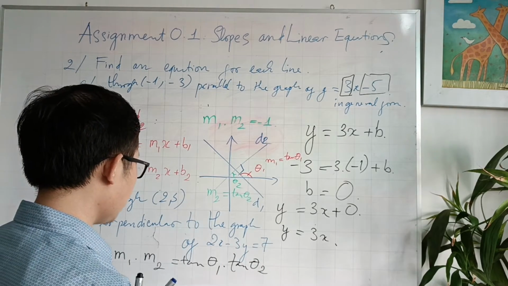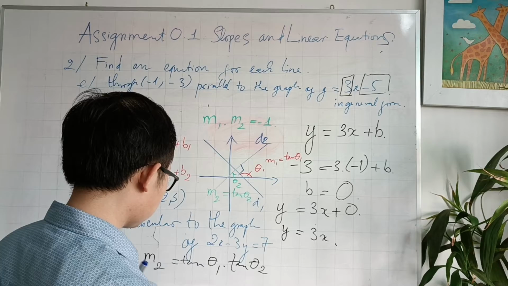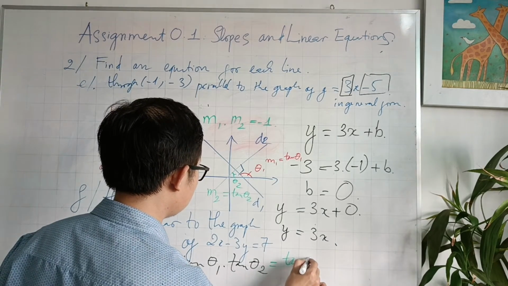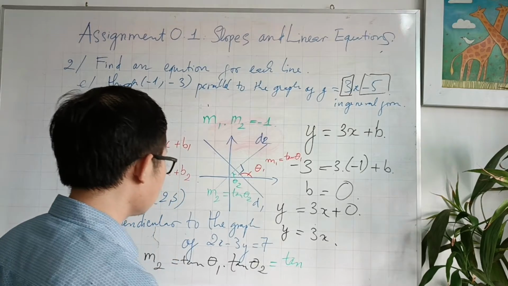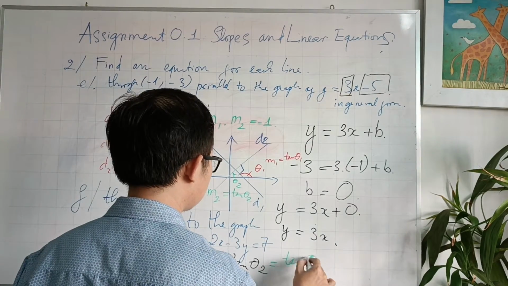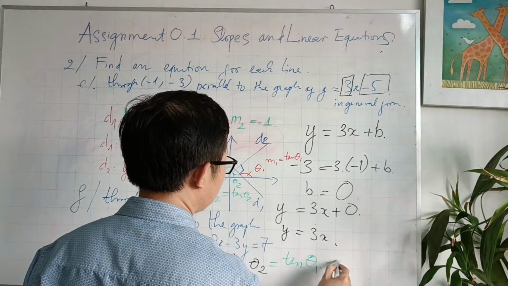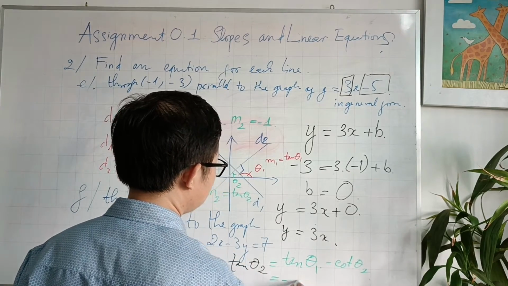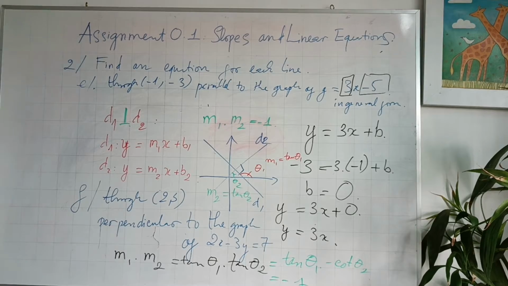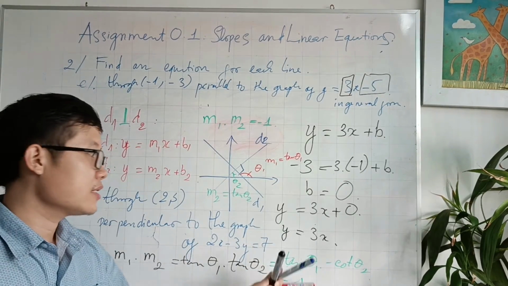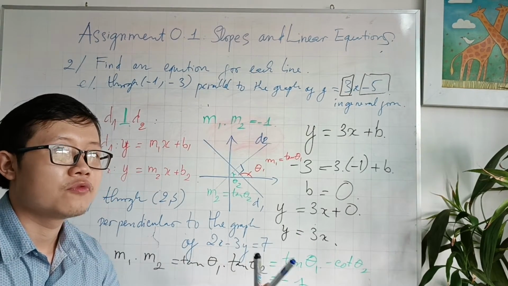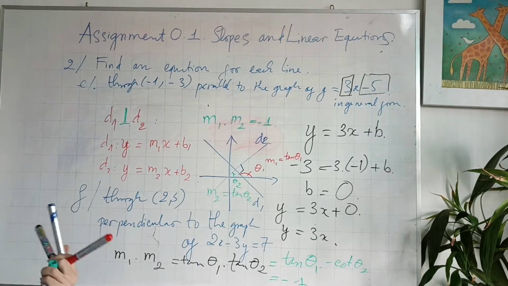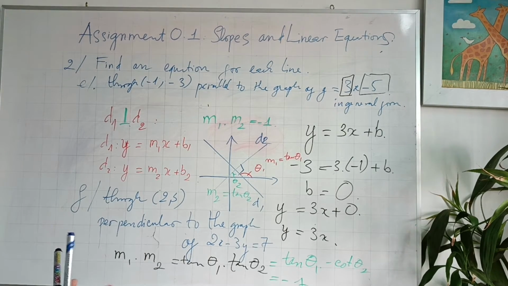So the last answer is negative. Maybe we review the identity when we learn lesson 0.3.